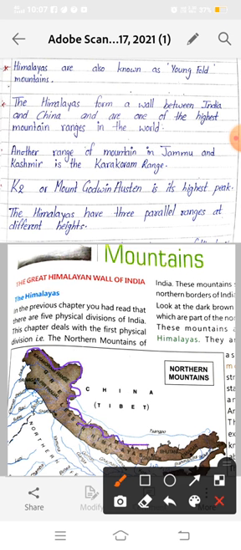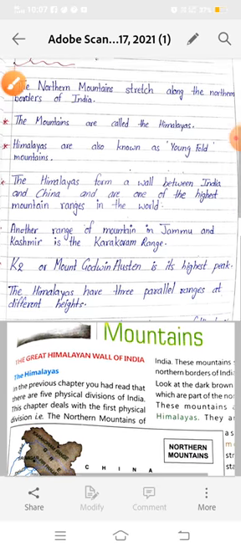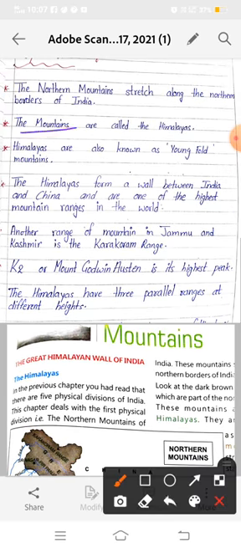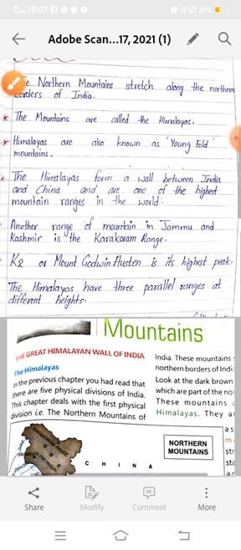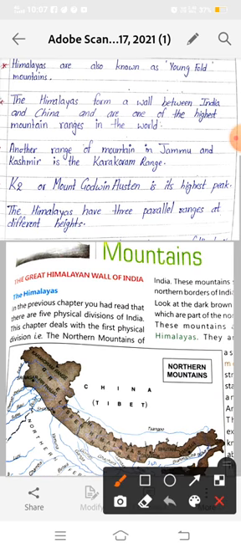And the Himalayas are also known as the young mountains. In this chapter you learned the mountains are called the Himalayas. This mountain range is known as the Himalayas, and the Himalayas are also known as young fold mountains because these are very young mountains.